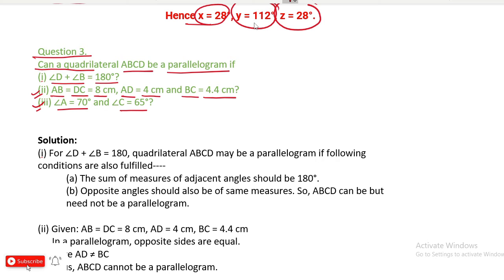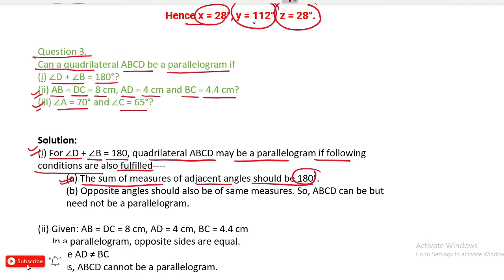So now we discuss the first. It says angle D plus angle B is equal to 180. For angle D plus angle B equal to 180, the quadrilateral ABCD may be a parallelogram if the following conditions are also fulfilled. First condition: the sum of the measures of adjacent angles should be 180.